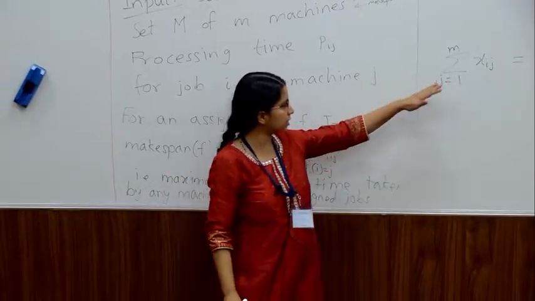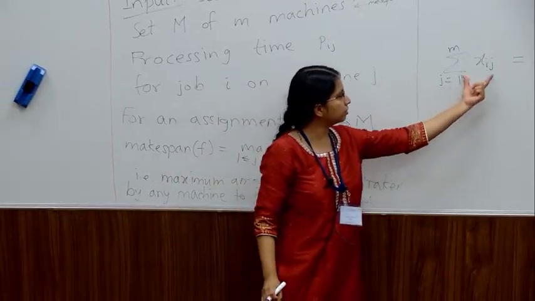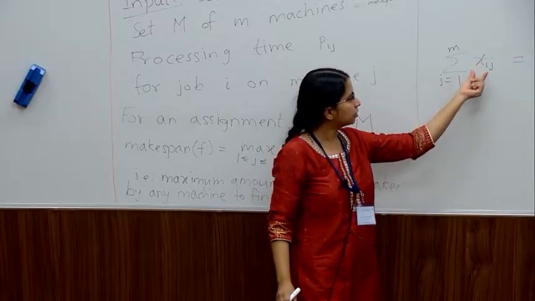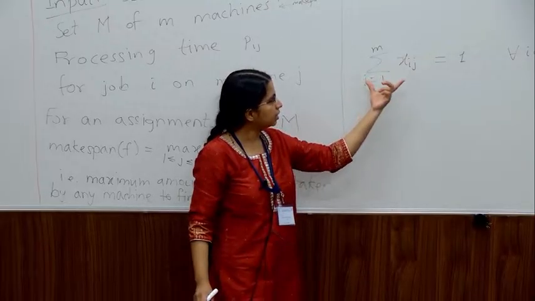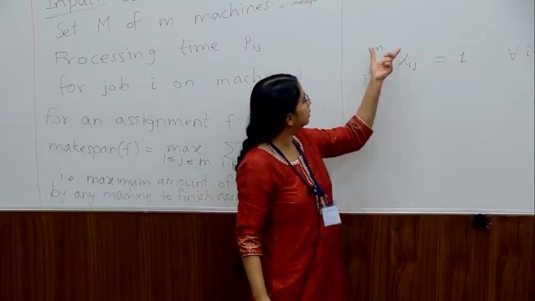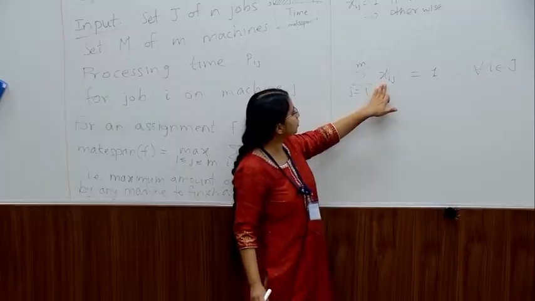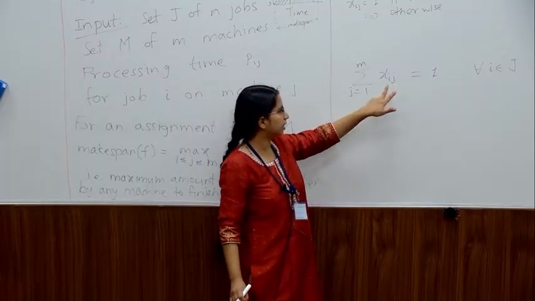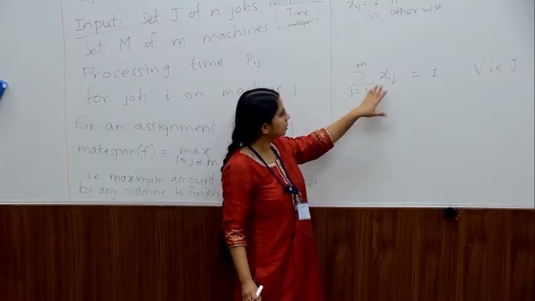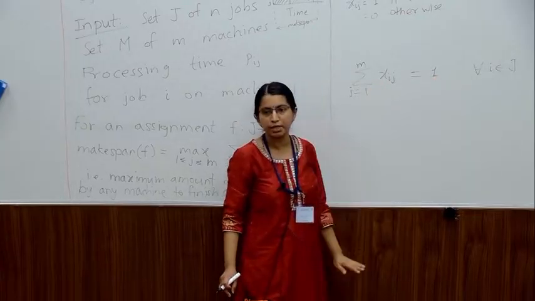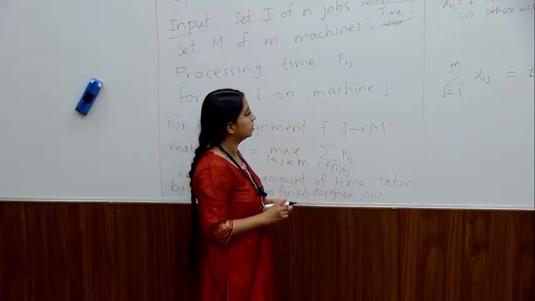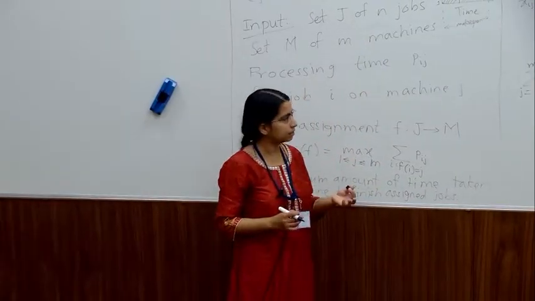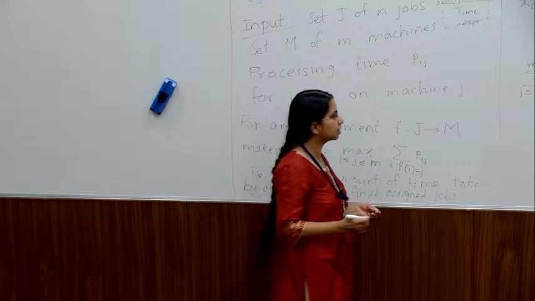Again, what does this constraint say? We are summing over machines, fixing an i. So this sums x_ij variables over all machines for a particular job i, and hence it should be exactly 1, because every job should get assigned to only one machine. So that x_ij variable will be 1, the rest will be zeros. Now we have to decide what our objective function is, what other constraints are.